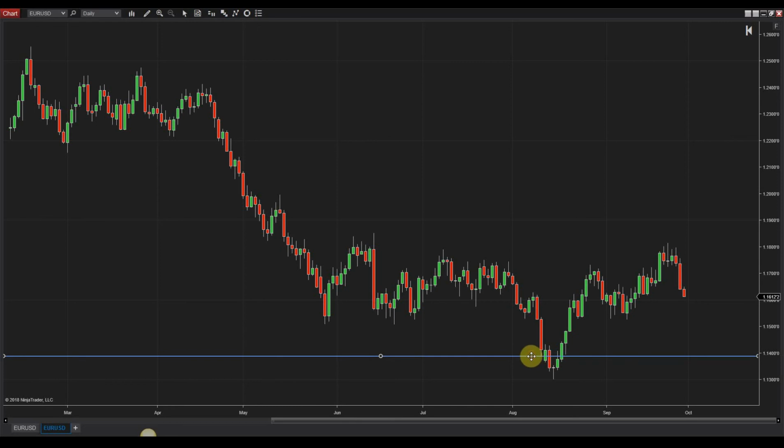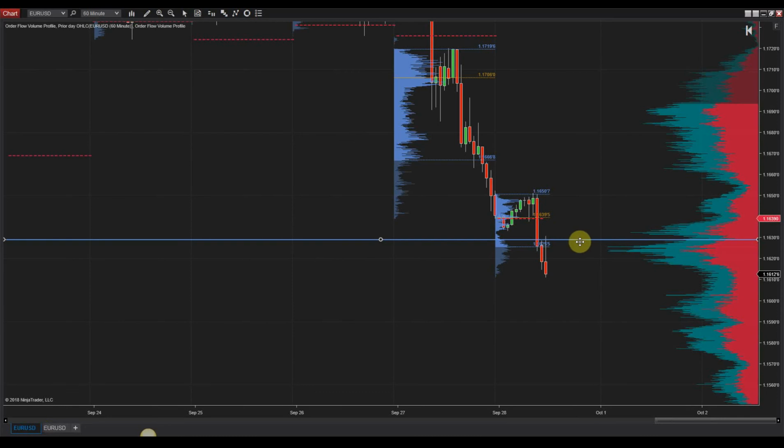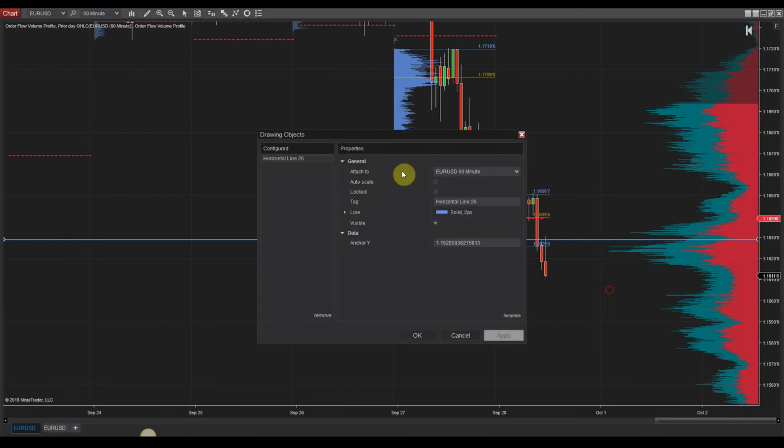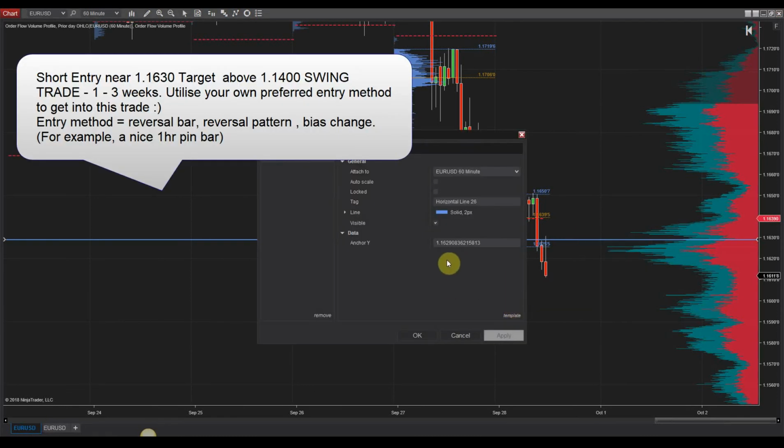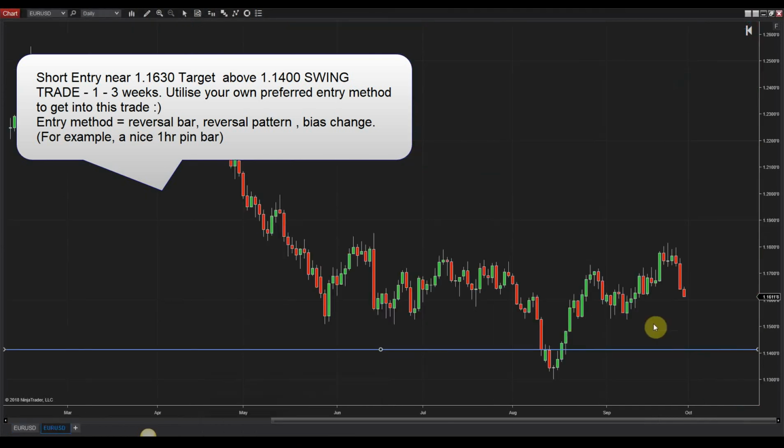But I would be looking for targeting just above that zone. So just to reiterate, we're looking at 1.1630, and we're targeting all the way down to just above 1.1400.